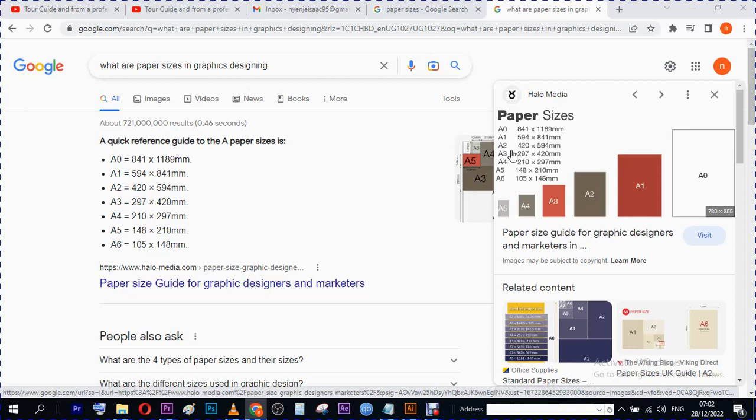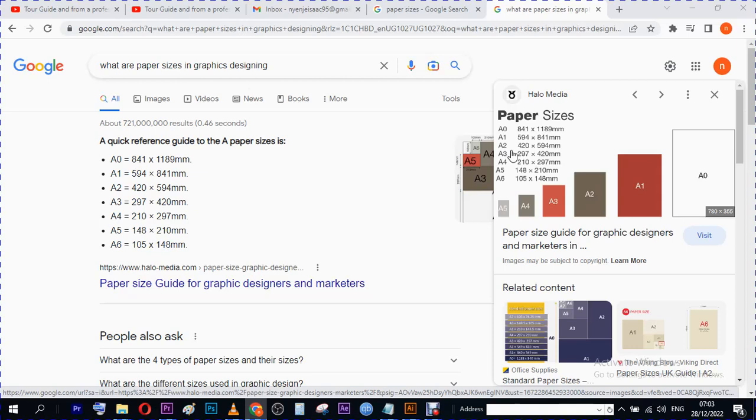If someone talks of an A4 or an A3 and you can't tell, because someone will come and tell you, design me a poster that is basically to be put on an A4, or design it on an A5, but you won't understand what it is. What will come into your mind is, what is this person trying to mean? So it is worthy for you to understand the different paper sizes as a graphics designer.